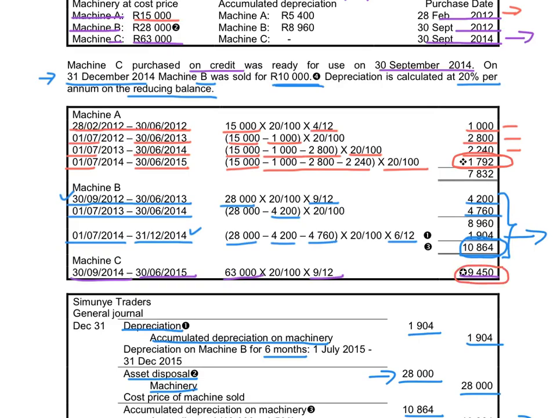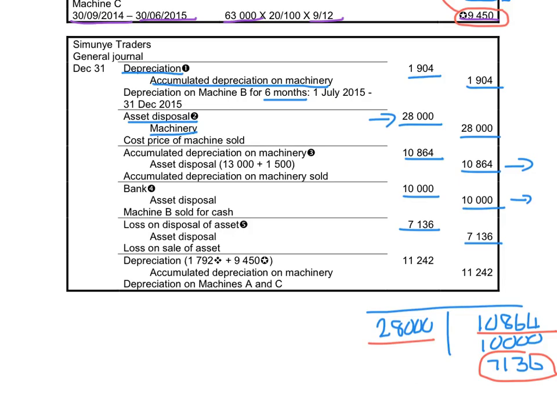So we will record the entry adding these two figures together to determine what is the total depreciation that we write off on existing assets that we are still using at the end of the year. And we will debit the depreciation account with the total amount and credit the accumulated depreciation amount with the depreciation on vehicle A and C.